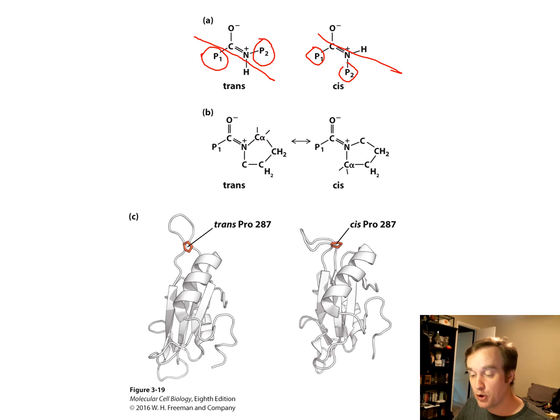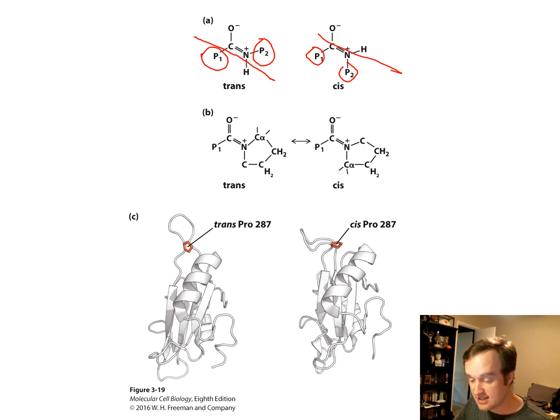And proline isomerases are enzymes that catalyze the cis-trans isomerization to facilitate this protein folding. Depending on whether this proline is in cis or trans isomer form, it alters the structure of a protein.